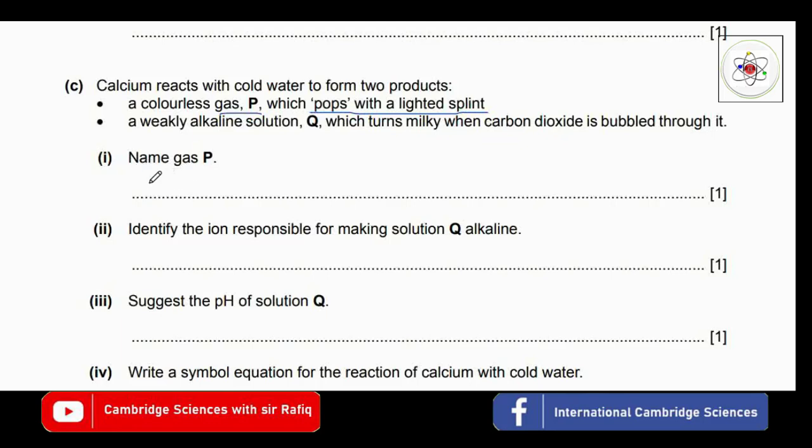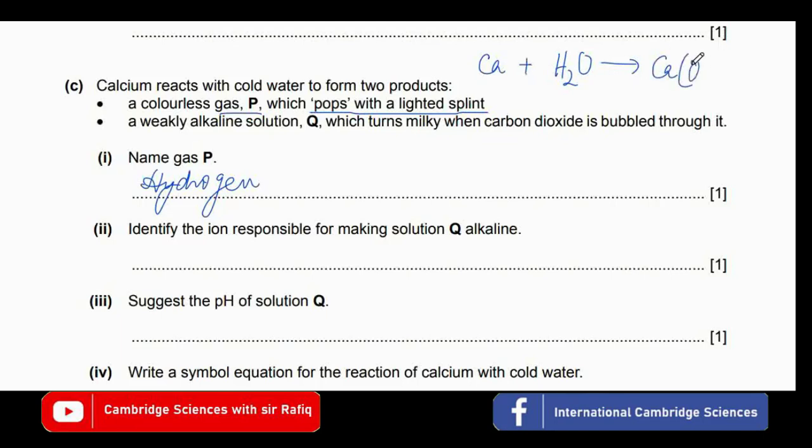First of all, the gas is hydrogen, because when a metal reacts with cold water, the hydroxide of that metal is formed, right? So here it will be calcium hydroxide, plus hydrogen comes out as hydrogen gas. So this is the balanced chemical equation.